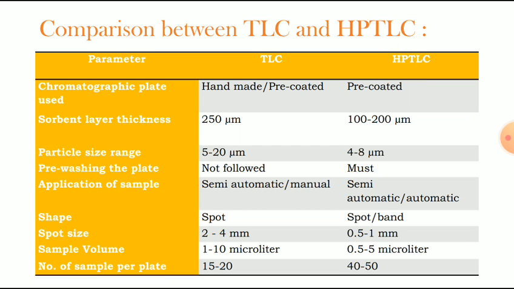And the development time: in TLC it depends on the mobile phase, and in HPTLC it is 40% less than that of the TLC plate. And reproducibility of the result in TLC is very difficult, but in HPTLC the reproducibility is higher, or we can say we easily get reproducible results in HPTLC.